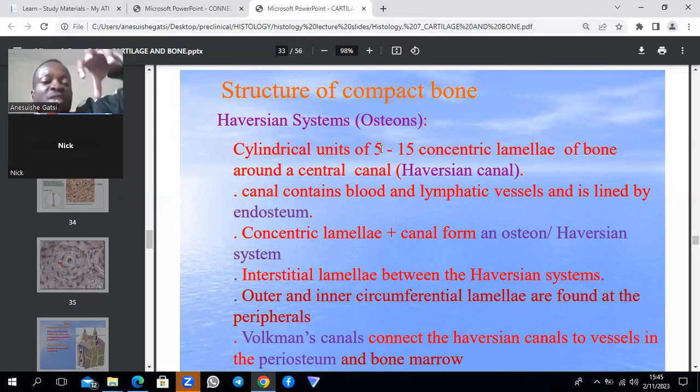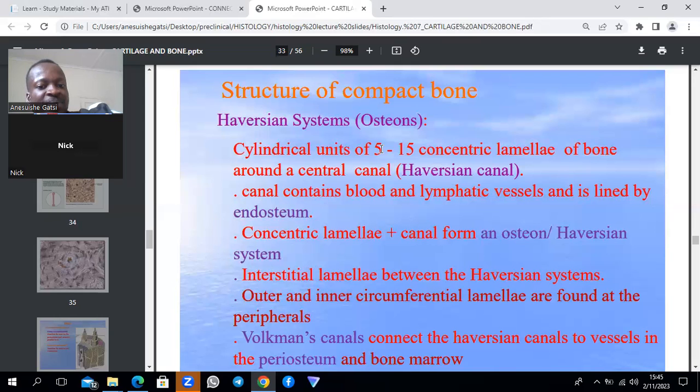So what I drew there is what I call an osteon. It's just concentric lamellae around a central canal. What do I have in the central canal? I have the blood vessels, I have the lymphatics. How do central canals communicate? The central canals communicate via perforating canals.